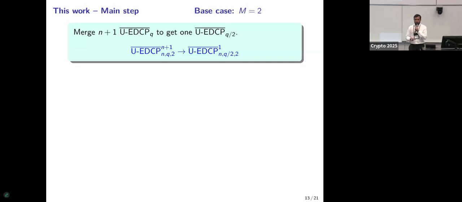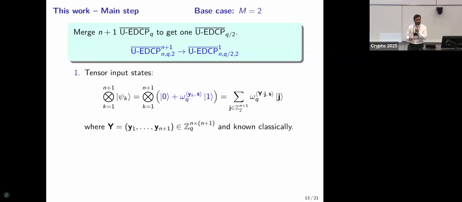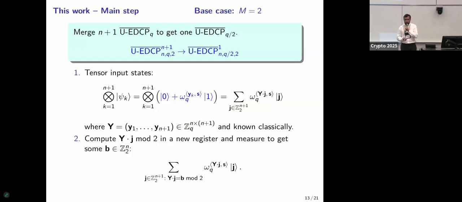And how we do it: first, suppose we are given n+1 many UEDCP bar samples, we tensor all of them, and we get a quantum state of this form where this capital Y is known classically, and it's uniform because the columns of capital Y are the Yi's which we get through all these samples.